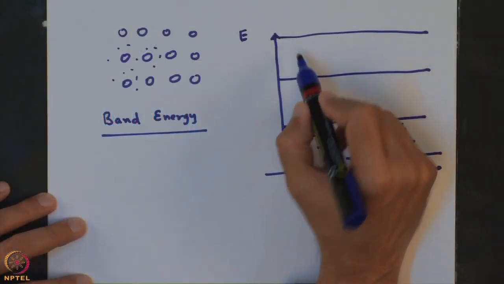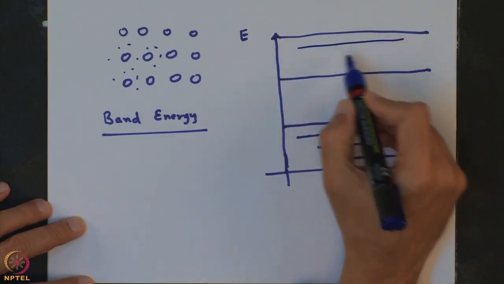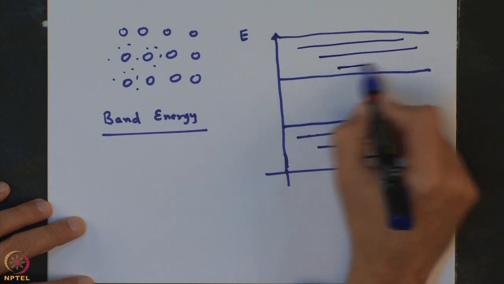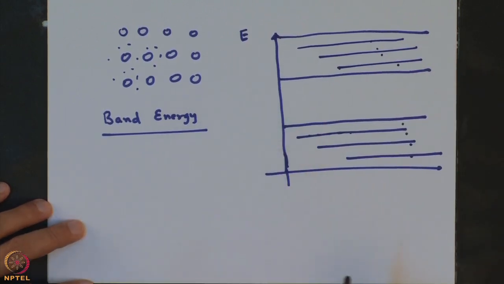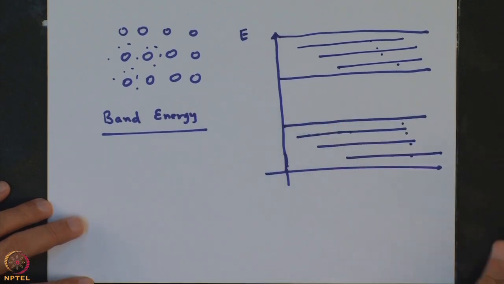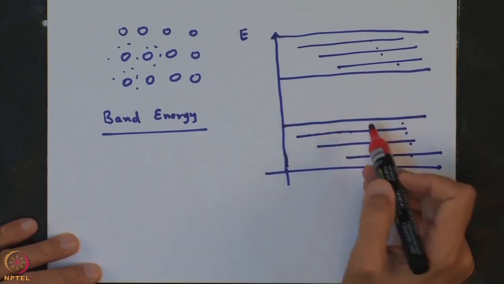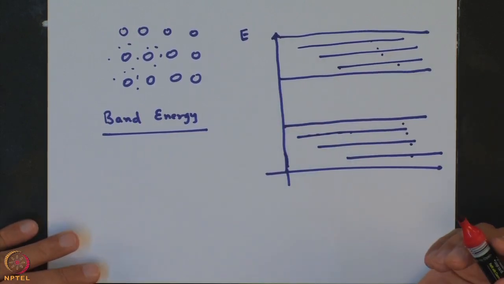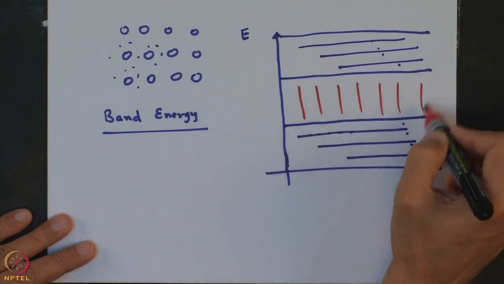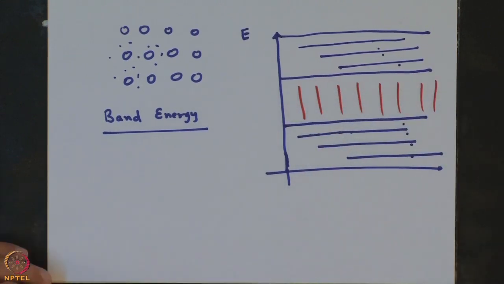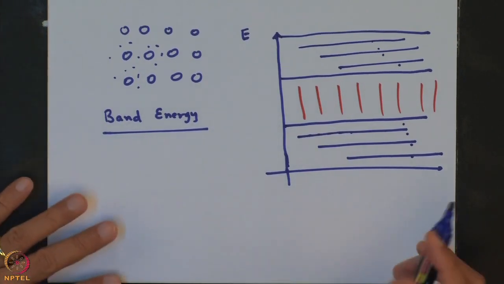Likewise, in this band, which I have not yet mentioned what it is, though I am sure many of you can guess, there are again several sub energy levels. And there is this band here, in the middle of these 2 bands, which does not have any charge carriers, any electrons or holes.